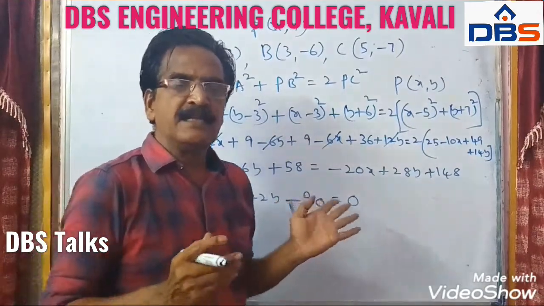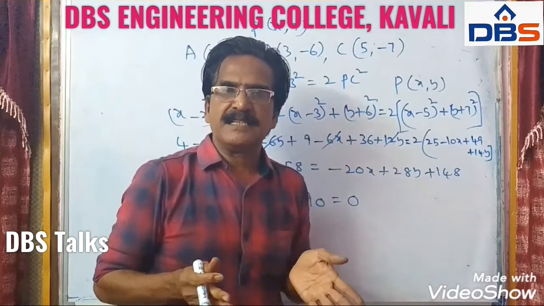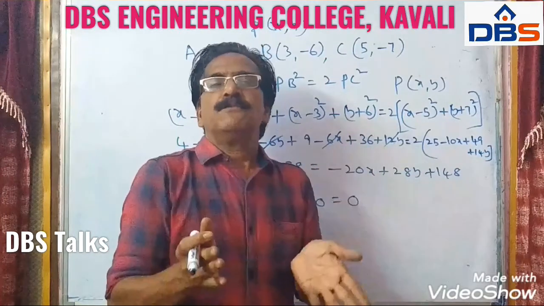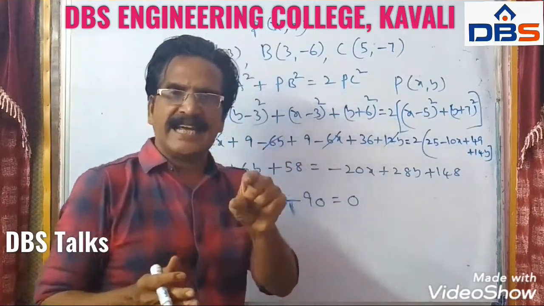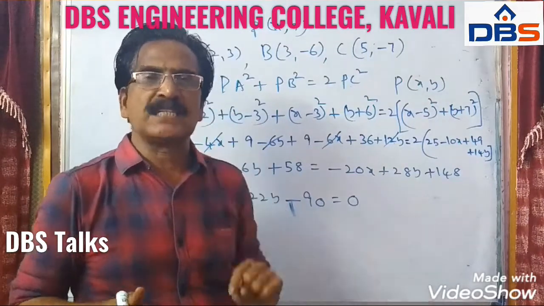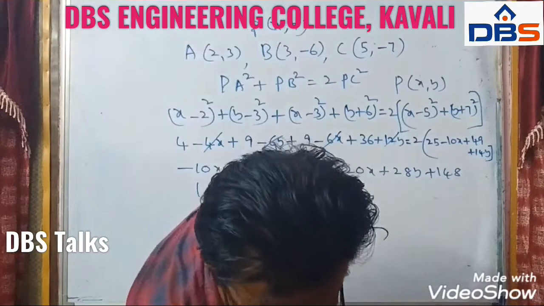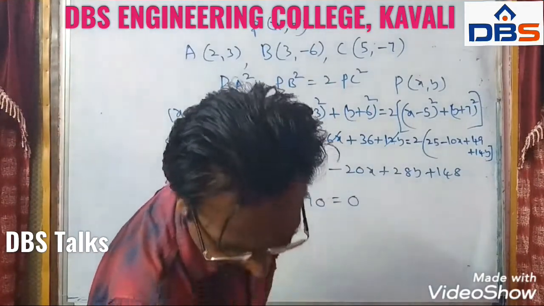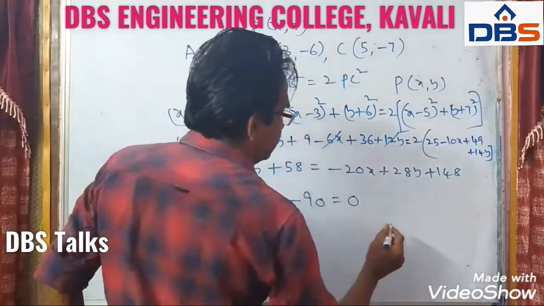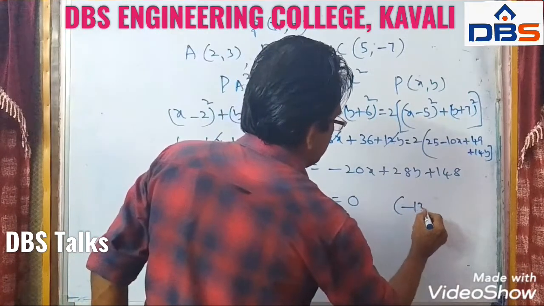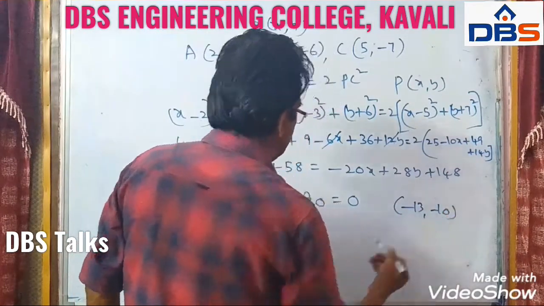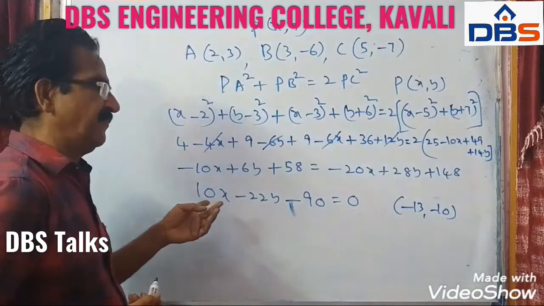What is the question? See, some 4 points are given. What is the point that lies on the locus of P? So we have to check the 4 options given. This point, minus 13 and minus 10, satisfies this equation, friends.